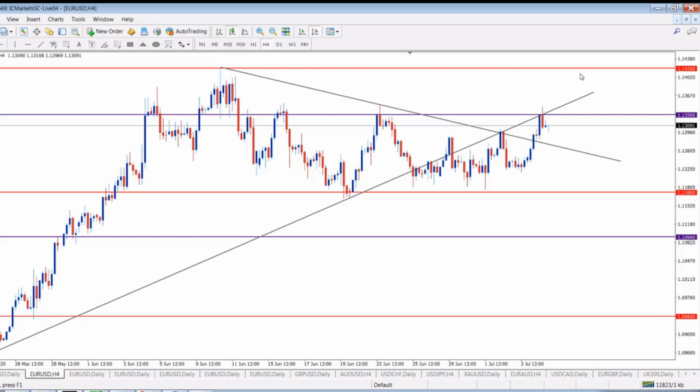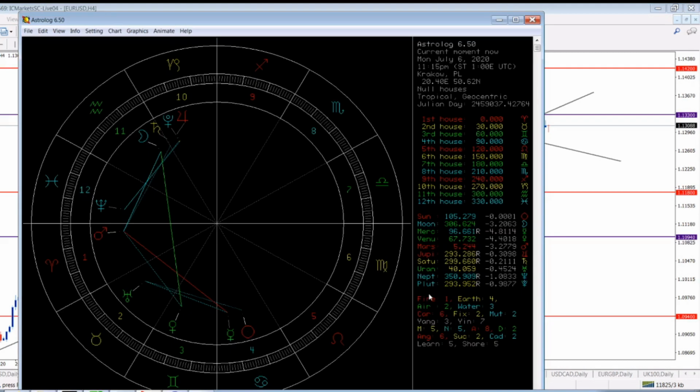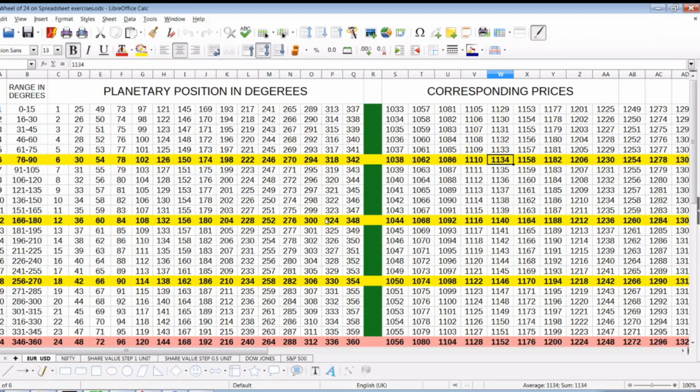The next resistance line, we are at the level 114.20, and I remind you, this is the Neptune level, 350. Neptune at the moment is retrograding, a slow-moving planet, 350 over here. So this is the 114.20 level. This is the resistance.